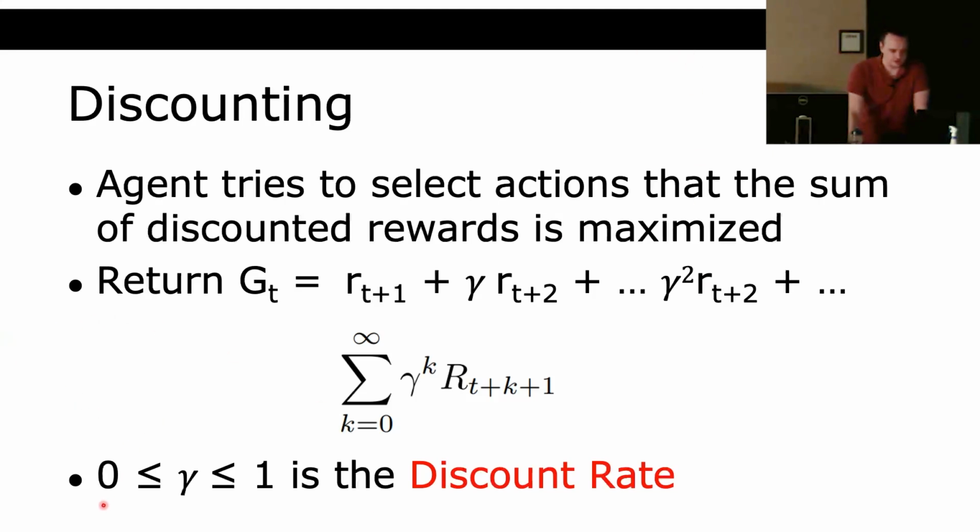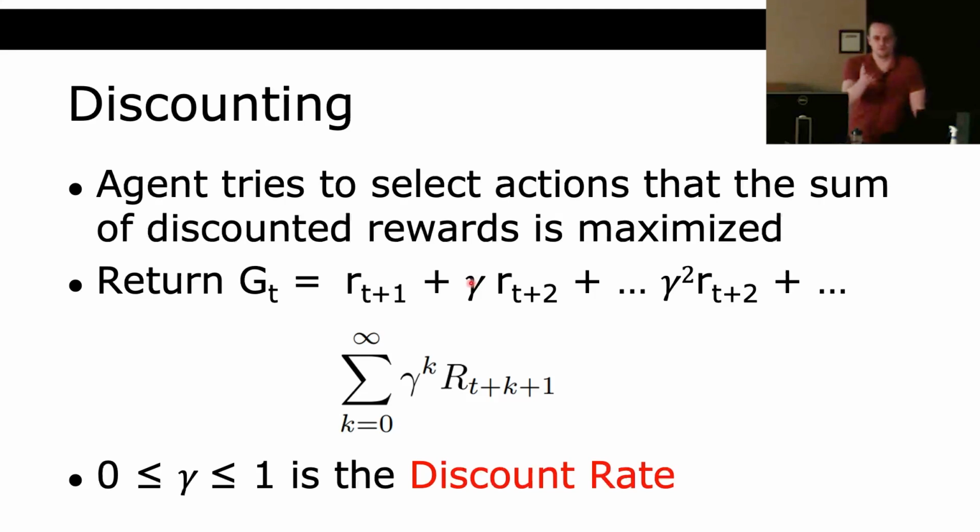So if we have gamma equal to 0, what happens? Anyone? What will our return be if we set gamma to 0? So if gamma is 0, what are any of the terms going to be?